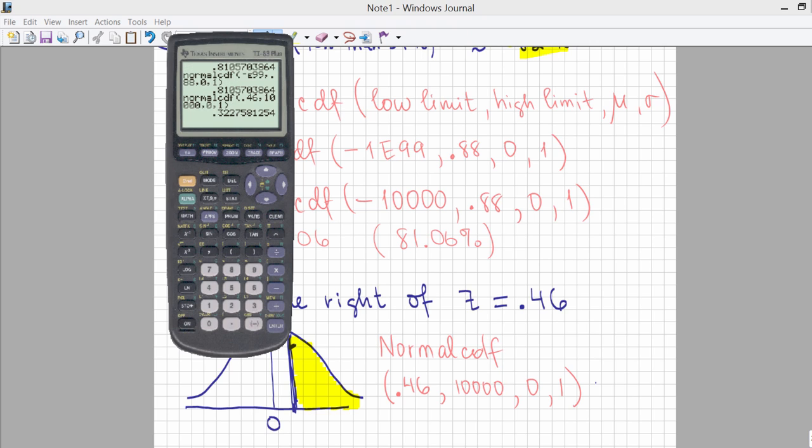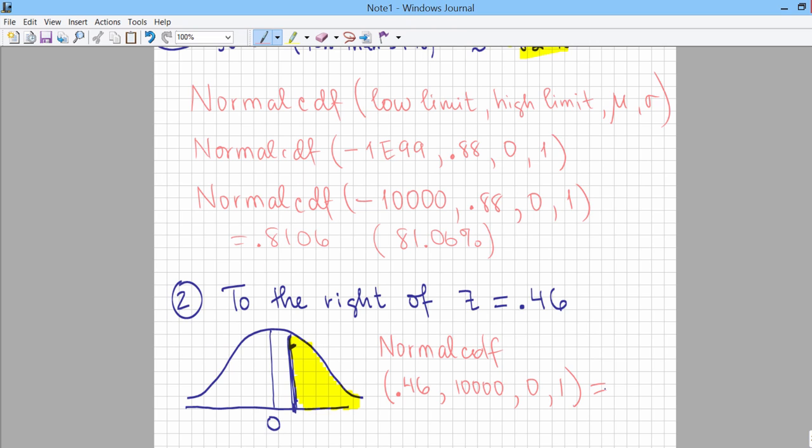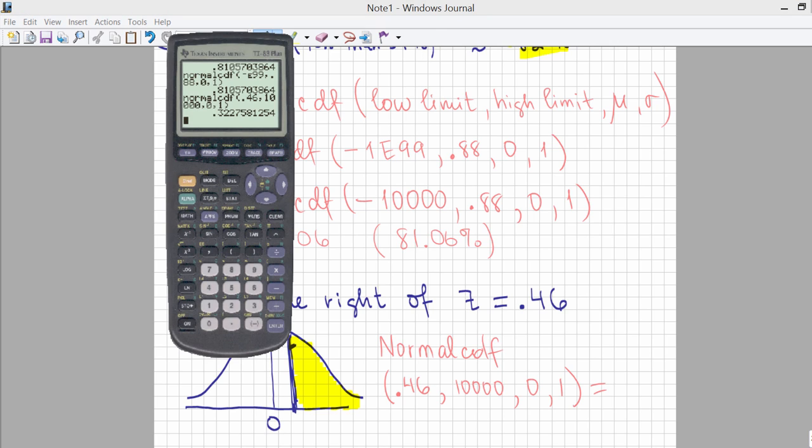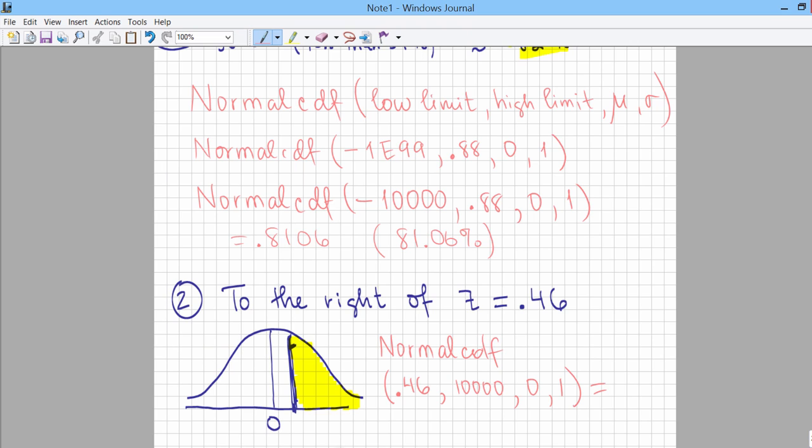Okay, how much does that give us? 0.3228. So this area right here is 0.3228. All right.